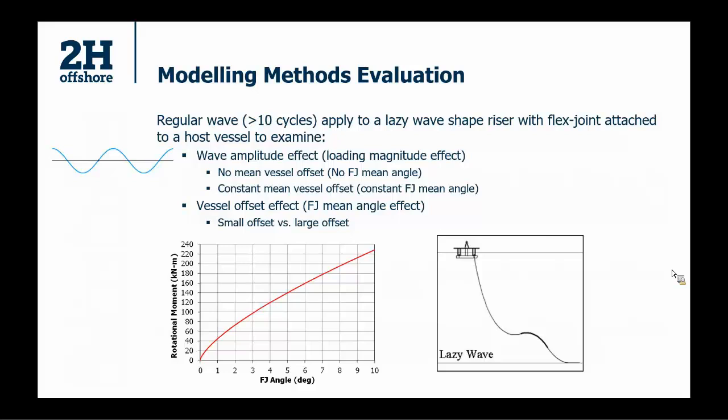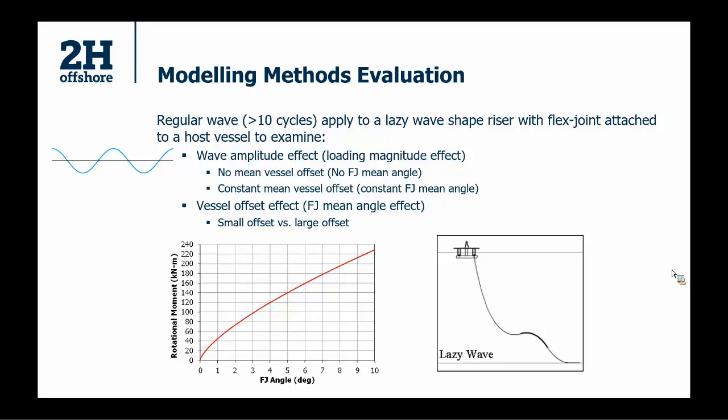In this study, we pick a steel lazy wave riser under regular wave loading to evaluate the modeling methods. We focus on the wave amplitude effect and the vessel offset effect. Here, the wave amplitude effect represents loading magnitude, and the vessel offset represents the flex joint mean angle effect, because we think these are the two parameters that affect the flex joint behavior the most.